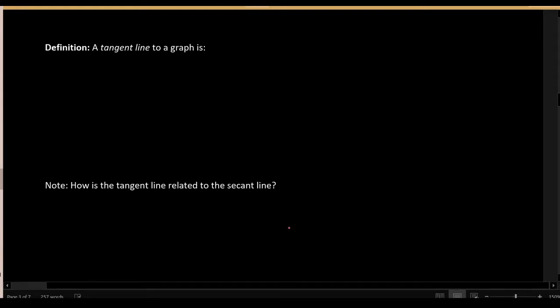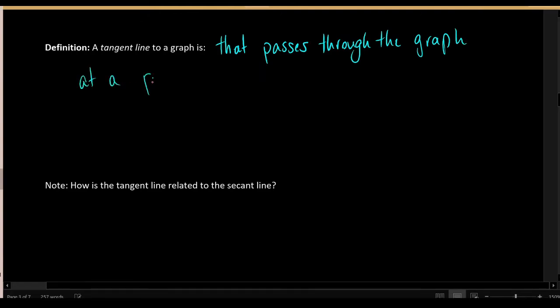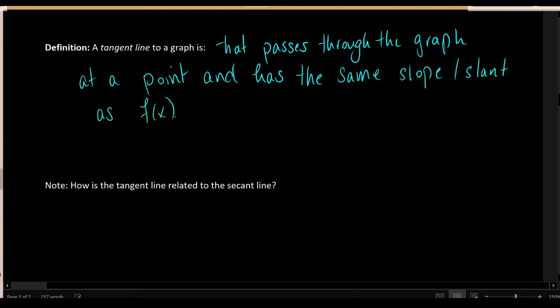A tangent line to a graph crosses the graph in one position and has the same slope, or generally the same slant, as the function at that point.